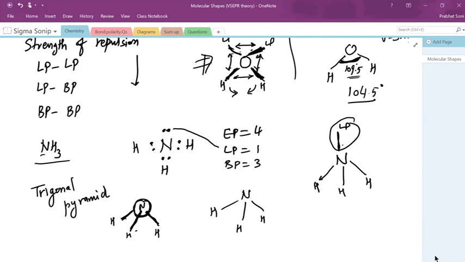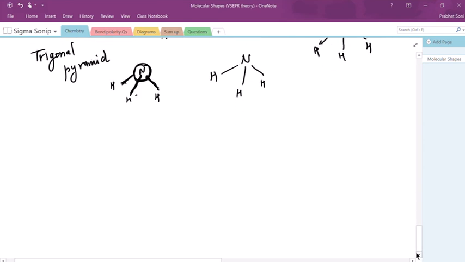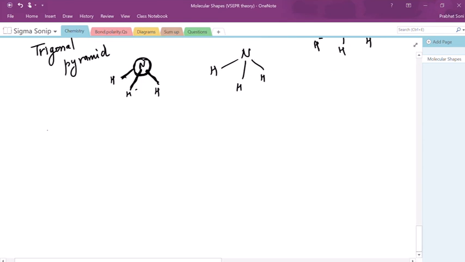Okay, then let's look at the last example here. The last example is CO2. We know about the bonding, the electron dot diagram of carbon dioxide, and this is what we get here.